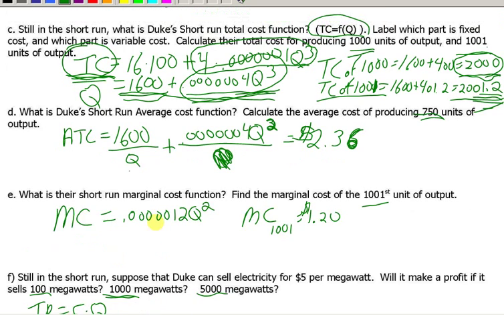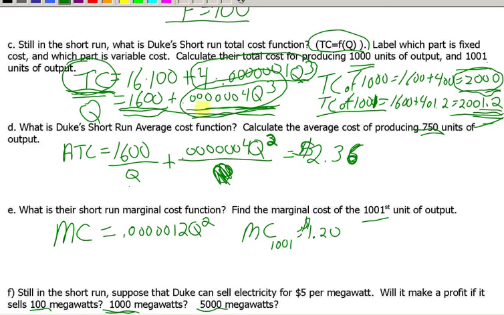Let's plug 100 into this total cost function and see what our variable costs are going to be. We're going to get 0.000004 times q squared, sorry, q cubed.